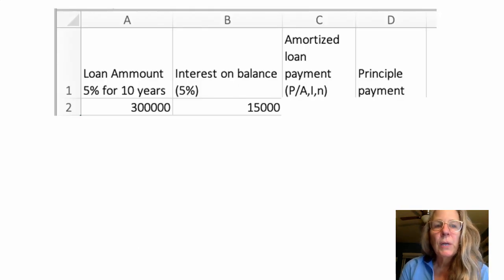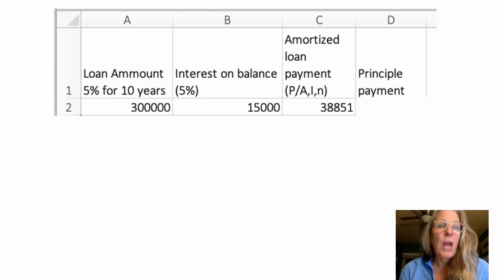So I'm using an Excel spreadsheet here where I have a loan amount of 300,000 at 5%. The first calculation I do is figure out what the interest is for year one on this 300,000. So I take the 300,000 and multiply it by 5%, and that gives me $15,000. I know I'm paying 38,851.